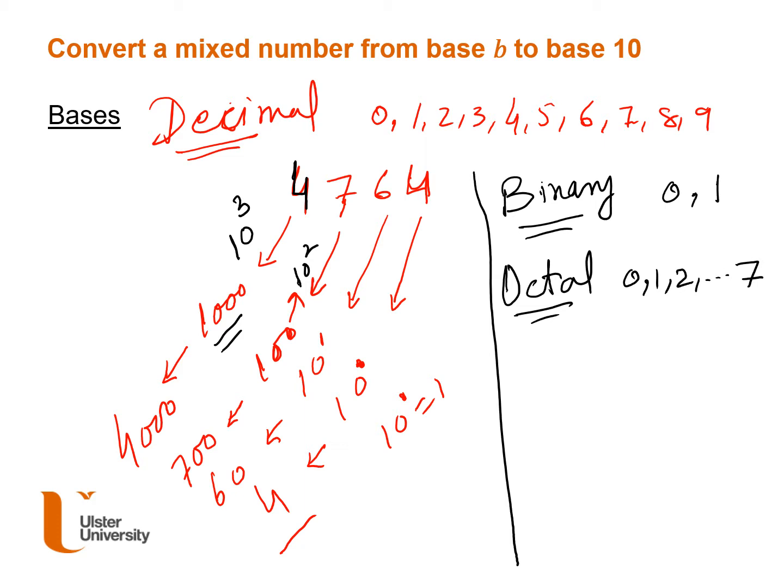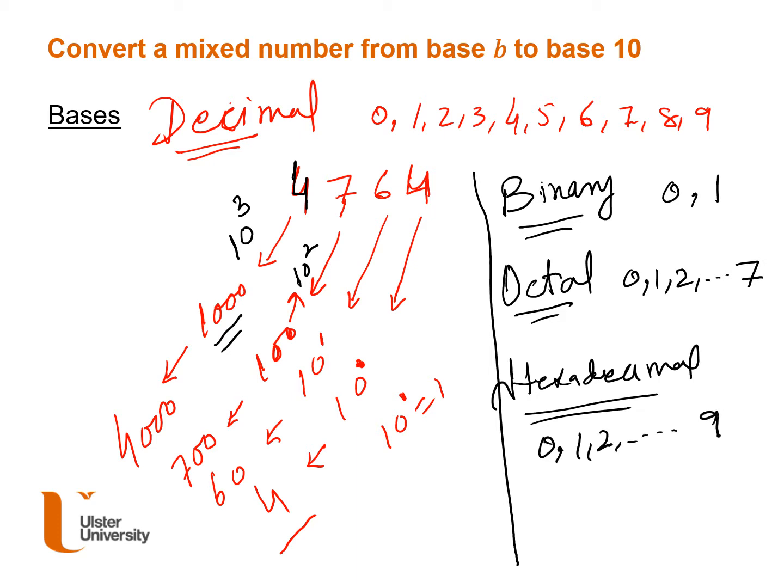And when we are talking about the hexadecimal number system, hexa means 6, decimal means 10, so it is a number system that has 16 digits, starting from 0, 1, 2, 3, 4, 5, 6, 7, 8, 9.